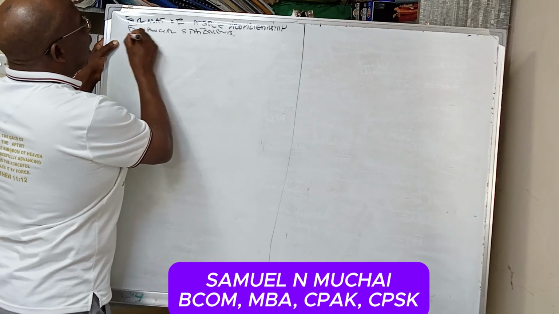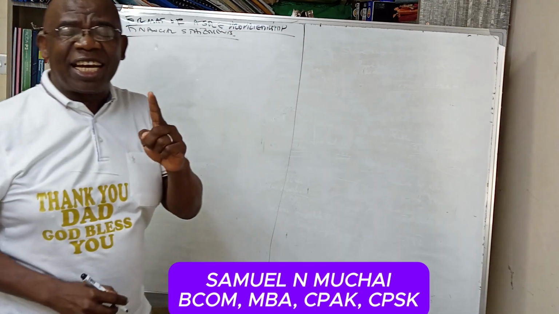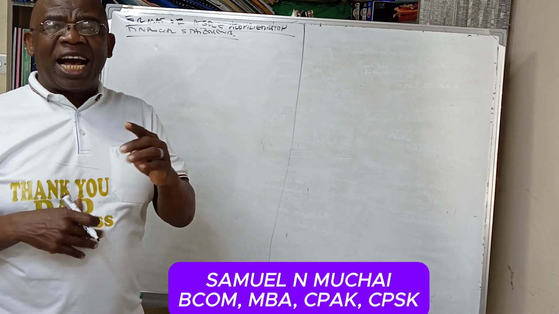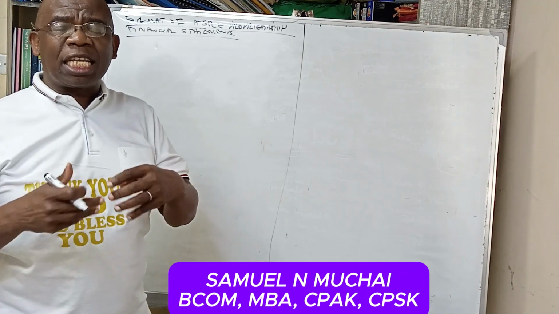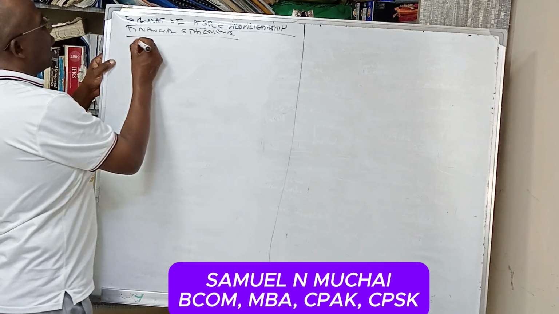We say that a sole proprietorship is a one-man business. We say that a sole proprietorship is a business that is owned by one person, and therefore the owner's capital is by one person. And therefore, we start with the income statement.